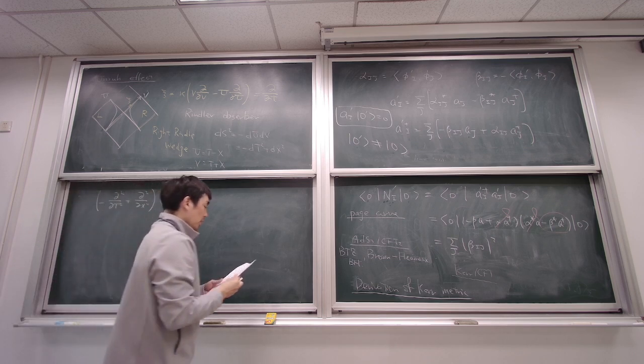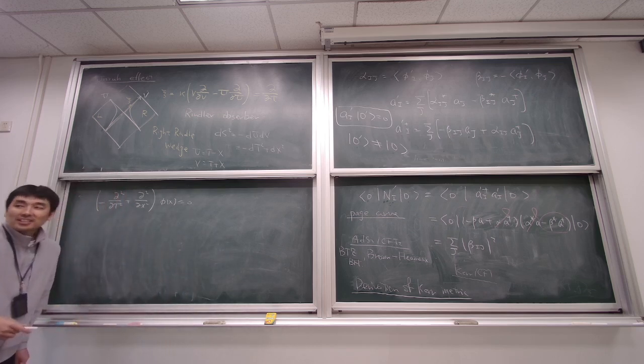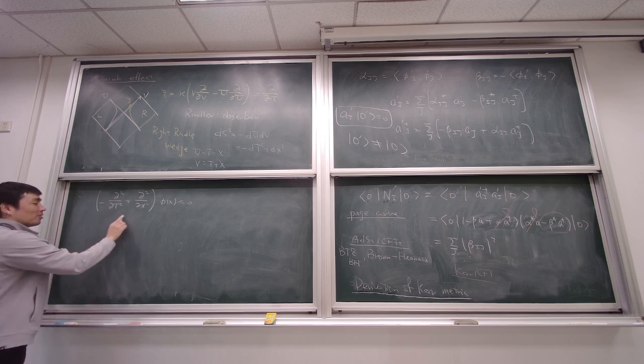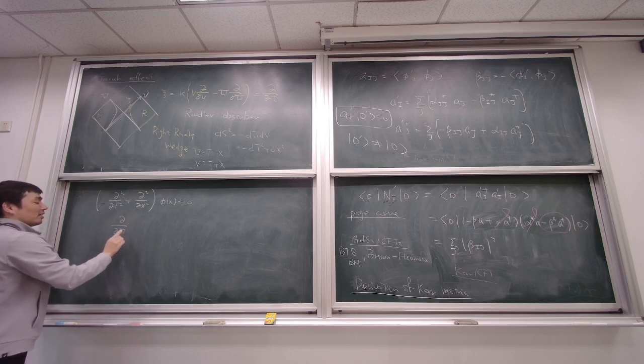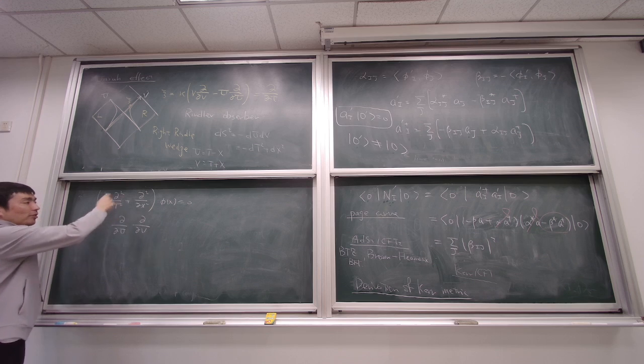So if you write down this equation in U and V coordinates, what does it become? I use del U and del V to rewrite this equation.